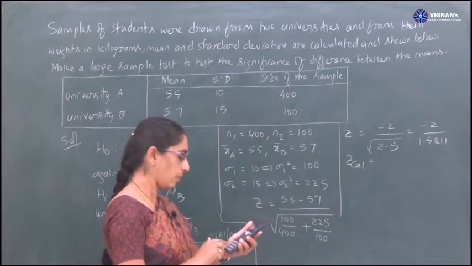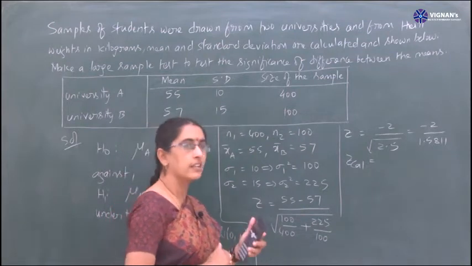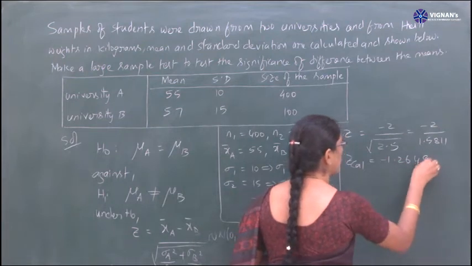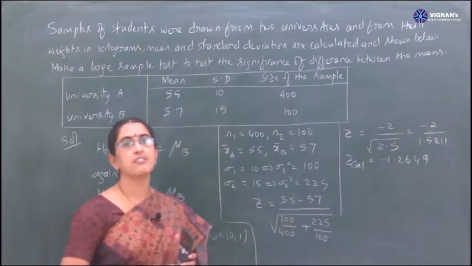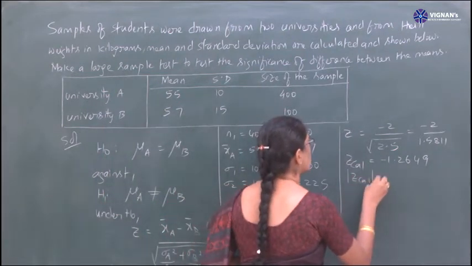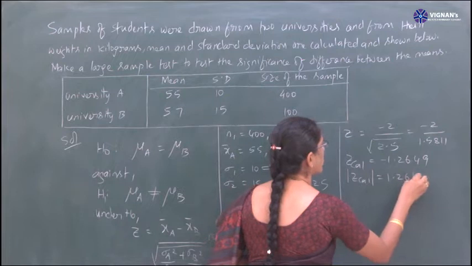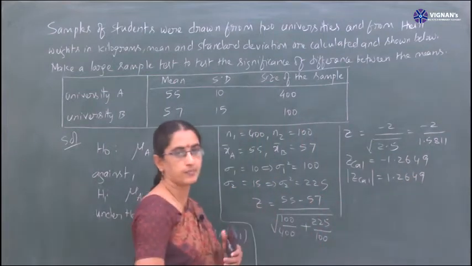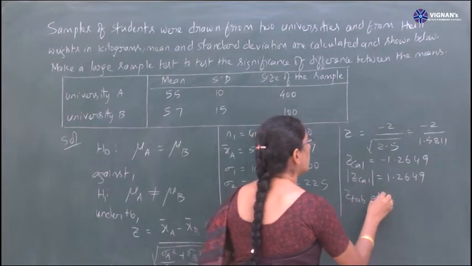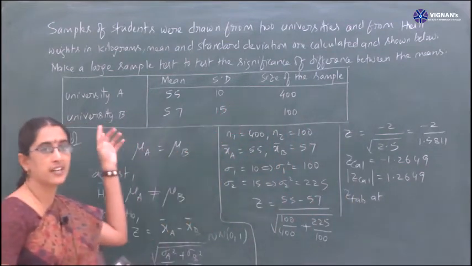So 2 by 1.5811 gives you minus 1.2649. Whenever the z calculated value is negative, we can consider the modulus of that. So mod z calculated is 1.2649. Now the tabulated value of Z at the level of significance is not mentioned for this question.